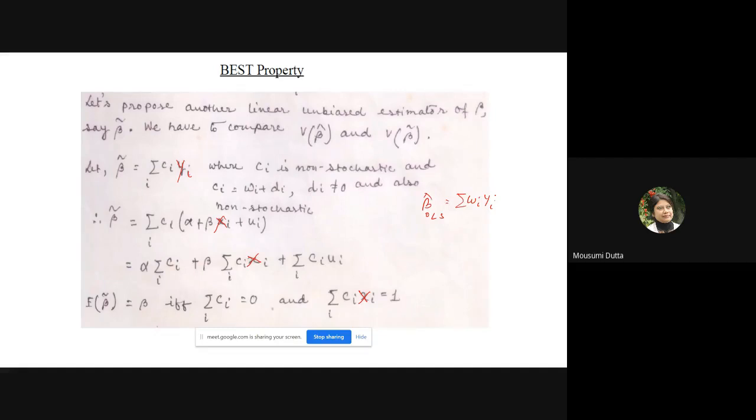I'm just changing Wi a bit. That was Wi Yi, here it is Ci Yi. In Ci, one component is Wi, another component is Di. Di can be positive, Di can be negative, however non-zero. Somebody had a question?